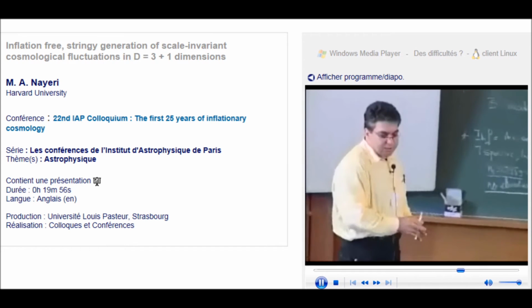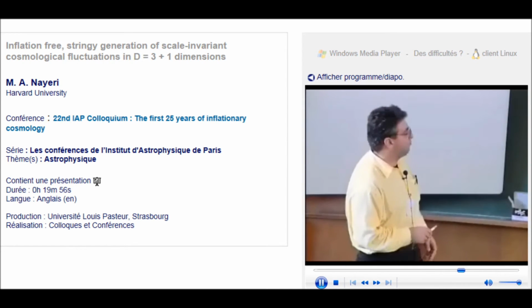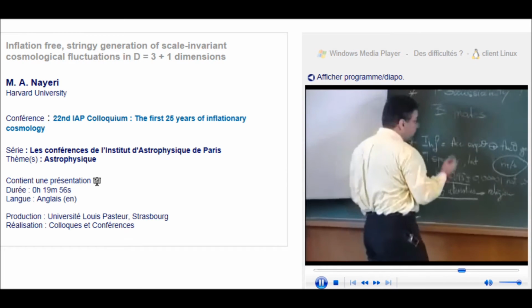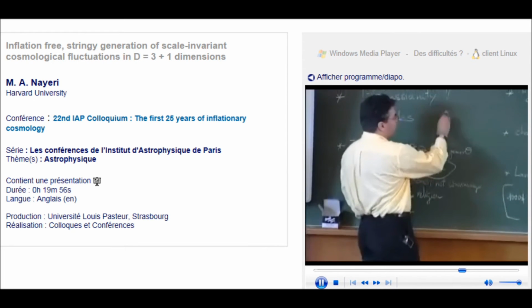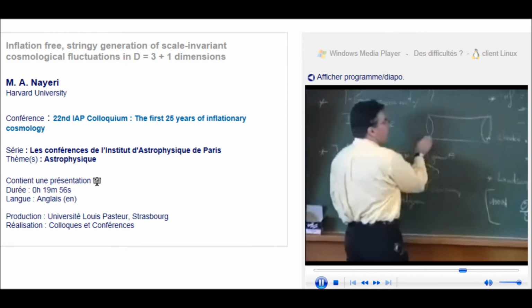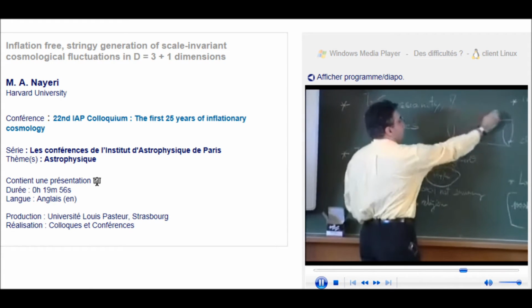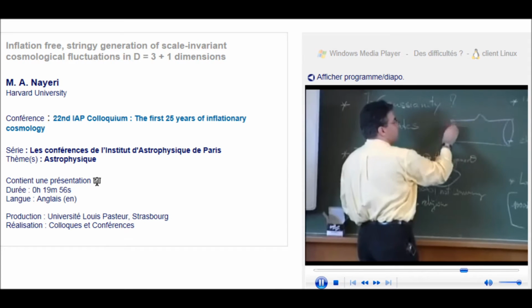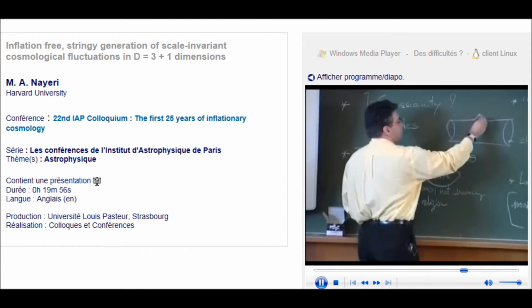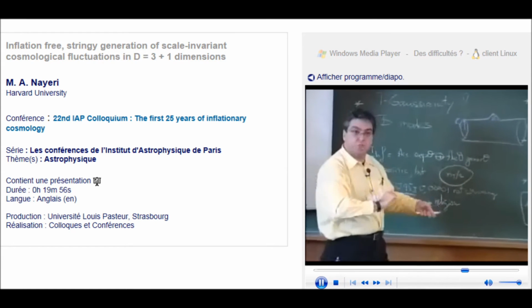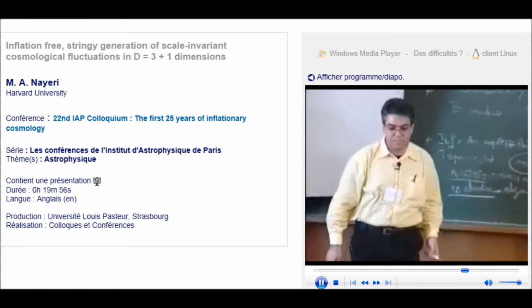You can do the same thing with the tensor modes. For the tensor modes, it's rather tricky. Here what you have, in fact, for a torus like that, is a change in the radius of the torus. Let me call this delta R now, while this was R. And also you have to twist the torus to get the gravitational waves.